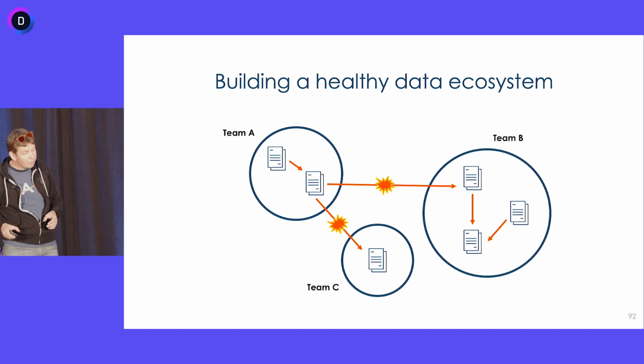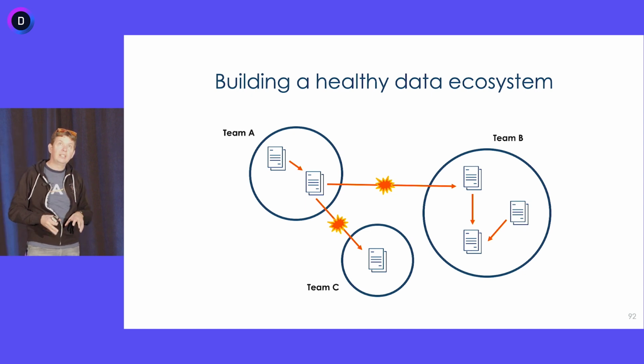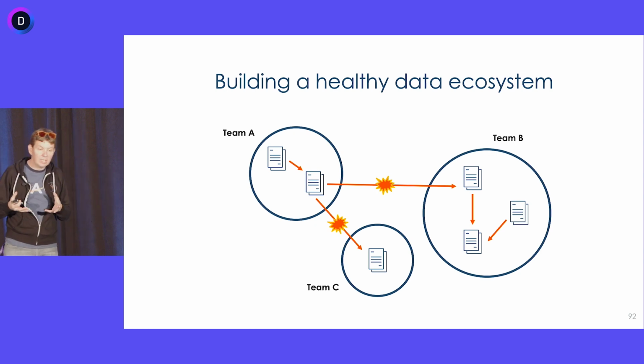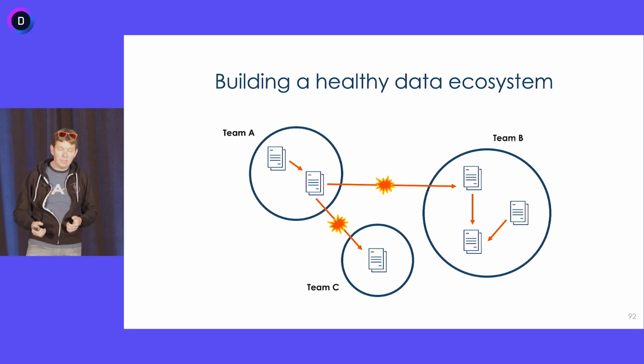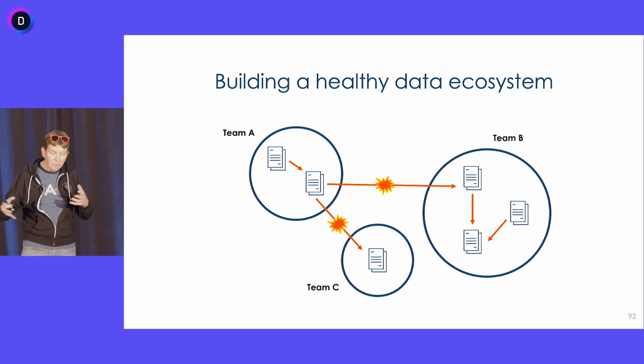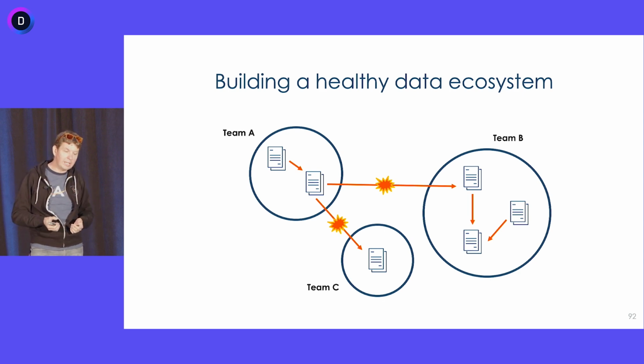And so the first step is to really enable building this healthy data ecosystem. Usually, if you think of an organization growing and different teams start consuming and producing data, within a team, you have good practices and people know how things are running, how dependencies work, what people are supposed to do, and how they're supposed to produce data.